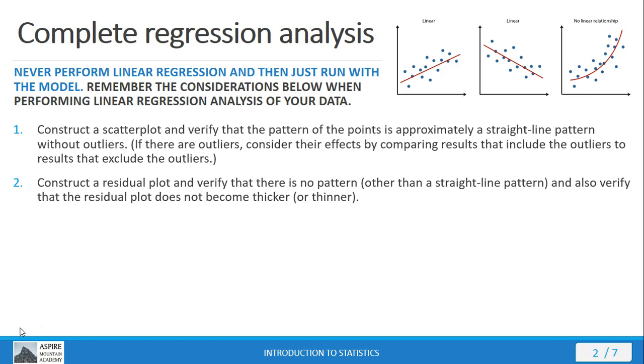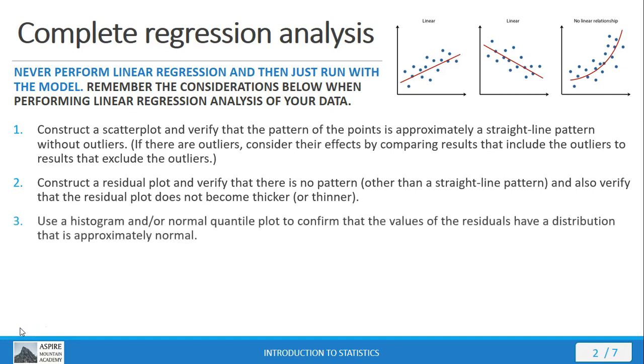Second, you want to construct a residual plot. Confirm what you're seeing in the scatter plot. Verify there's no regular pattern to the data, and the residual plot does not become thicker or thinner, as your textbook author would say. You can use a histogram or a normal quantile plot to confirm that the values of the residuals have approximately normal distribution.